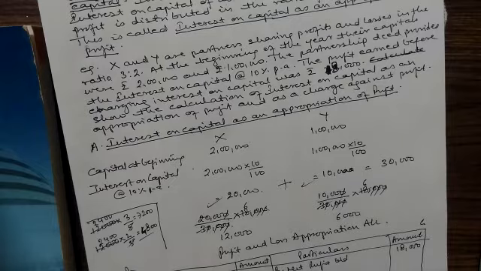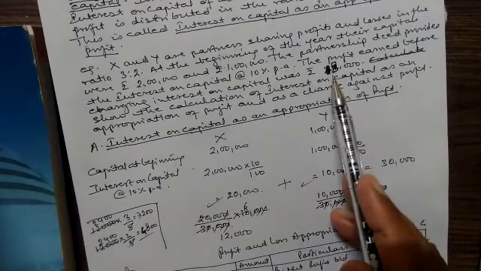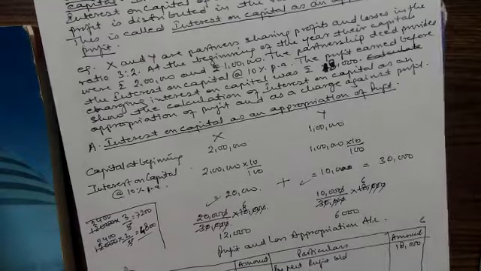calculating the ratio. The ratio will be 20,000 by 30,000, 10,000 by 30,000, and we will distribute the available profit 18,000 in this ratio. So for X, the amount will come 12,000 and for Y, the amount will come 6,000. 12,000 plus 6,000 is equal to 18,000.